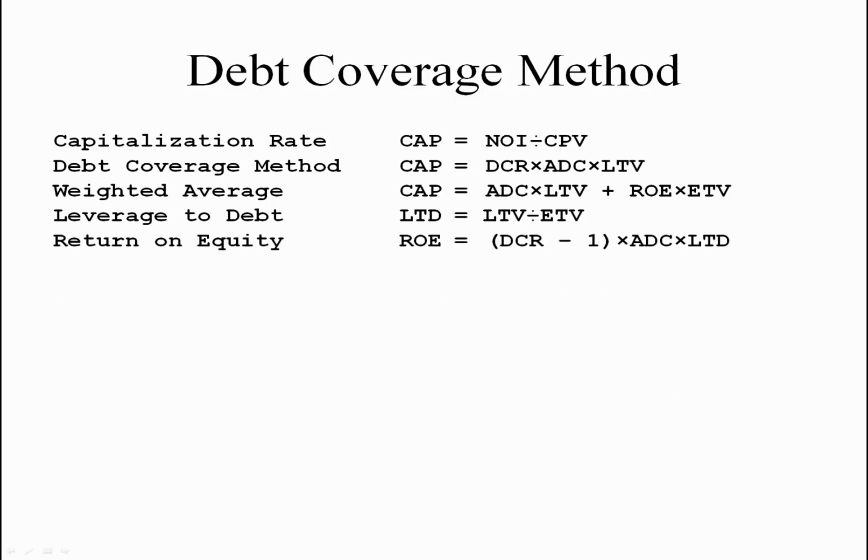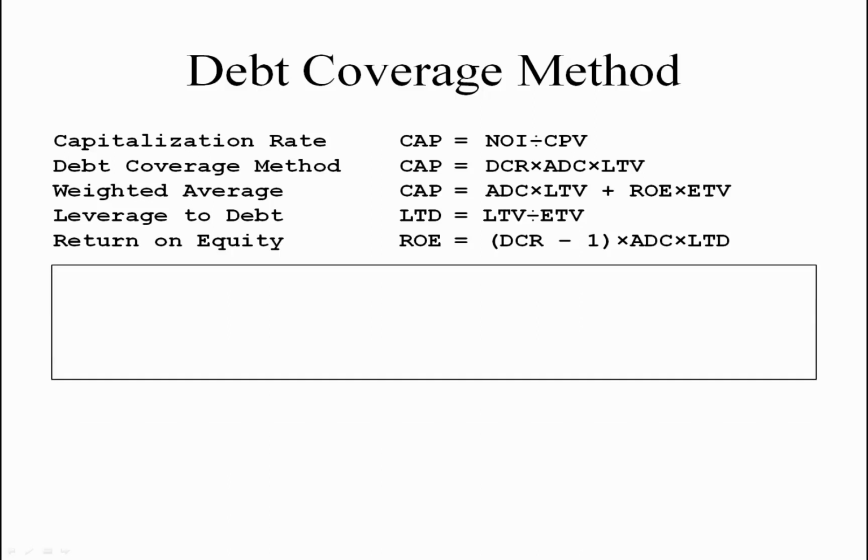Return on equity is the quantity debt coverage ratio minus 1 times annual debt constant times leverage to debt. Cap rate equals net operating income divided by capitalized property value equals debt coverage ratio times annual debt constant times loan-to-value ratio.